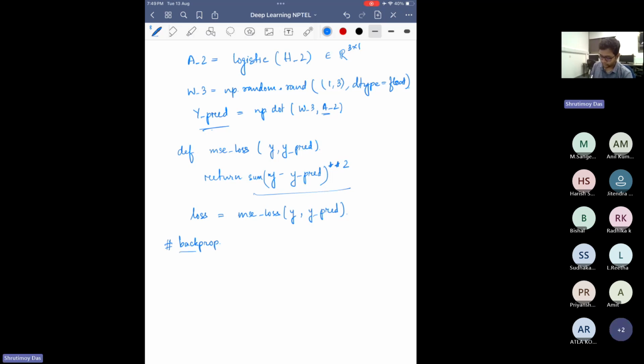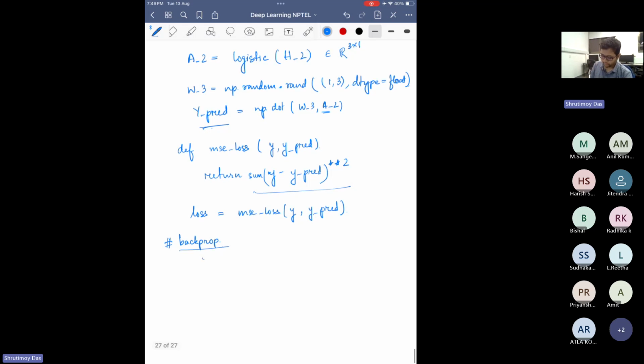This backpropagation algorithm will have the derivative of your loss with respect to A2, H2, A1, H1, and then W3, W2, W1. These are all your variables, so you have to compute the derivative of your loss with respect to each of them.